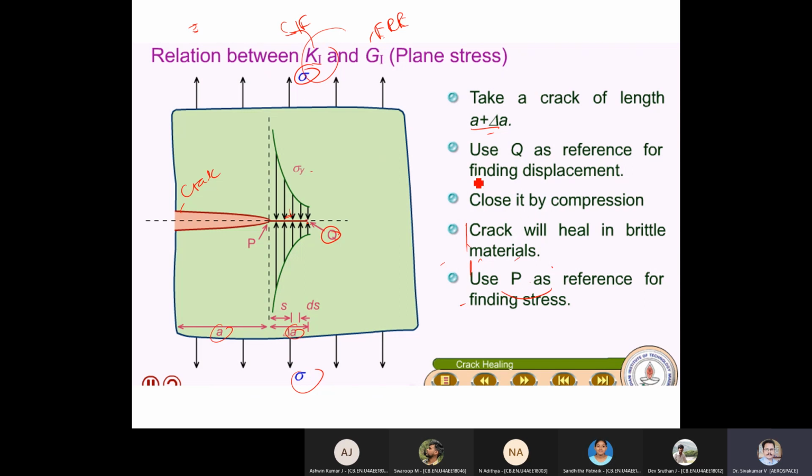Now, what I'm saying is, you have to imagine this is my crack, and it has moved to the extent of delta a, so that it will come here. Now I'm going to give an additional force, an extra force, sigma y, a compression. I'm trying to close this particular crack.